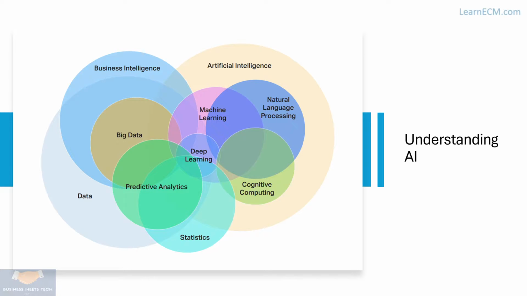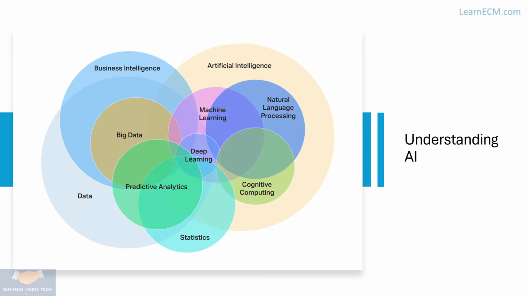So typically speaking, there are two main types of AI. One is narrow AI, also known as weak AI, which is designed to perform specific tasks. And then there is general AI, also known as strong AI, which aims to mimic human intelligence and perform any intellectual task that a human can do.